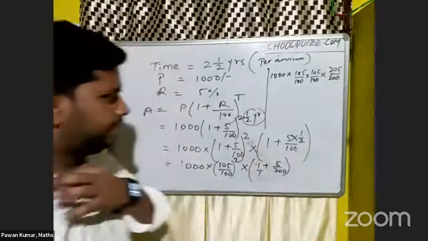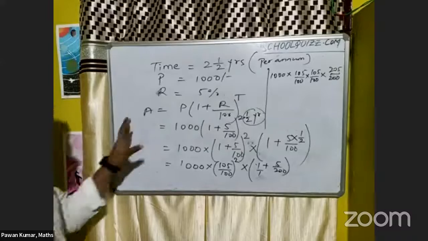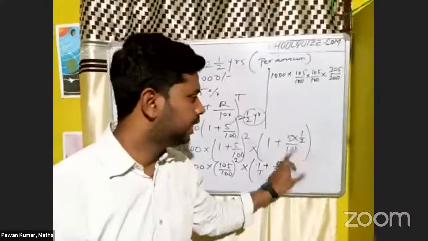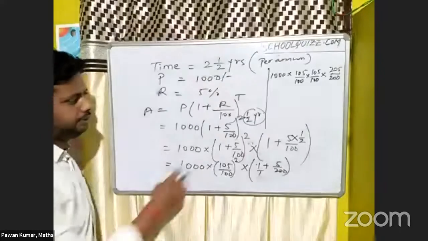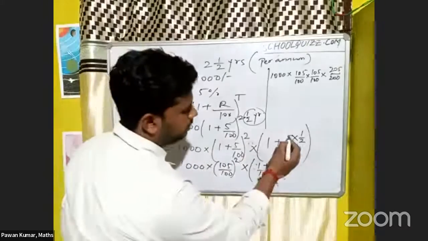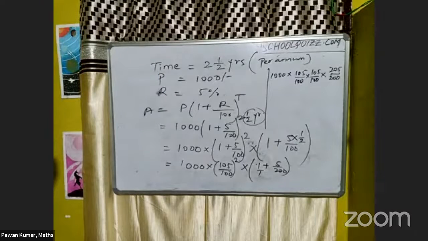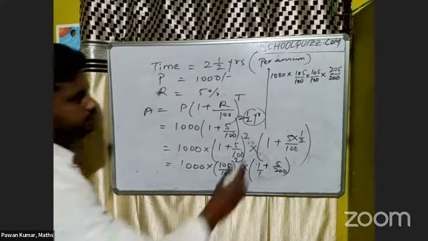I'll show you after that, when I take the binomial expansion separately, because that is not in the syllabus actually. Whatever fraction you get will be multiplied with this rate. Okay, so understand this one.